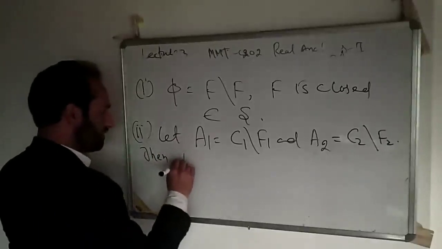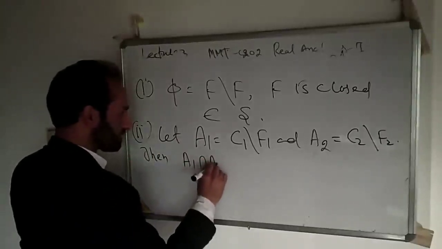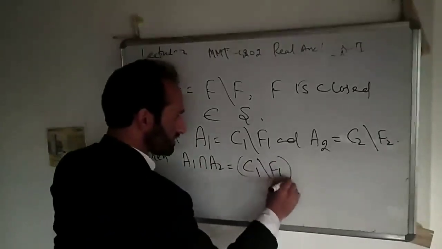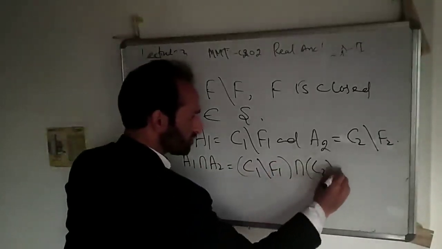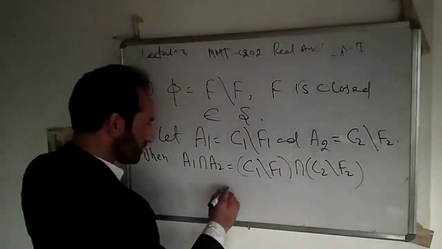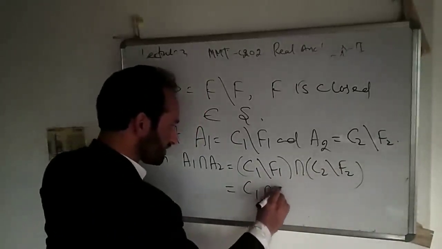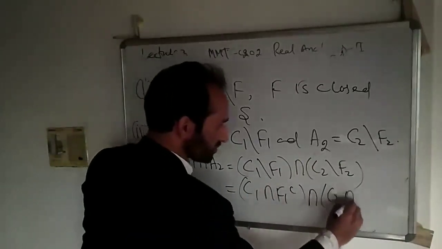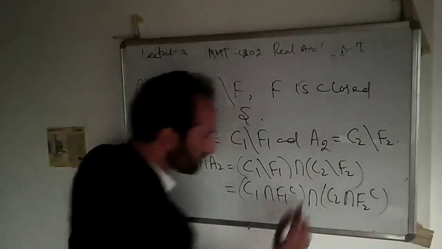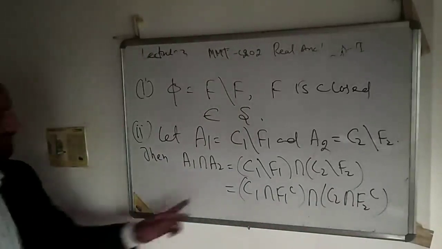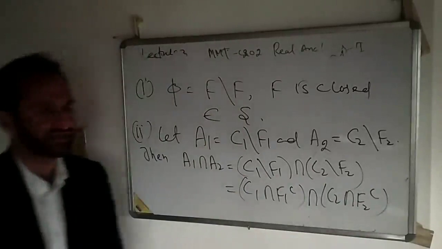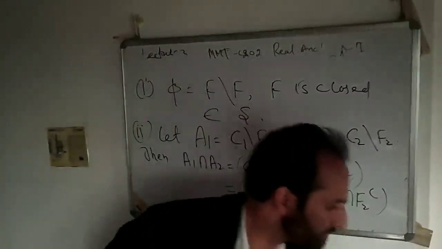Then A1 intersection A2 is equal to (C1 minus F1) intersection (C2 minus F2), which is C1 intersection F1 complement intersection C2 intersection F2 complement. C1 minus F1 is C1 intersection F1 complement, and C2 minus F2 is C2 intersection F2 complement.